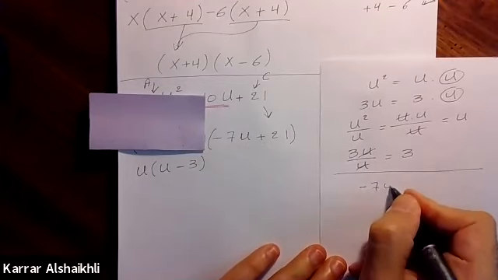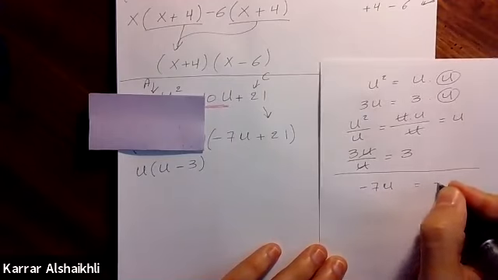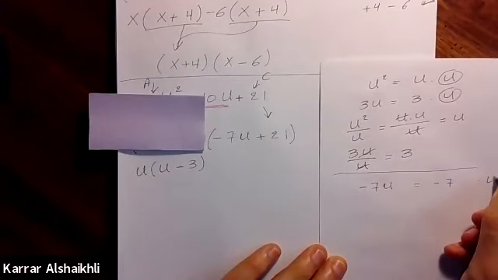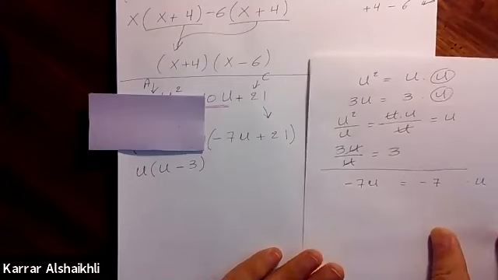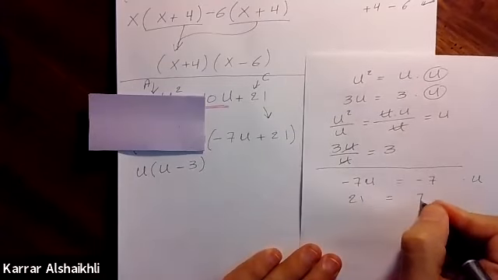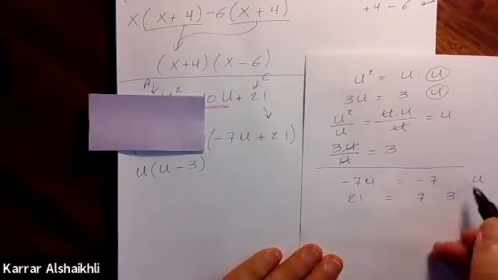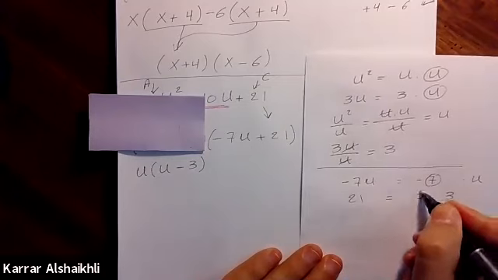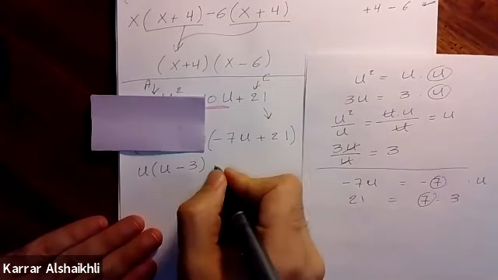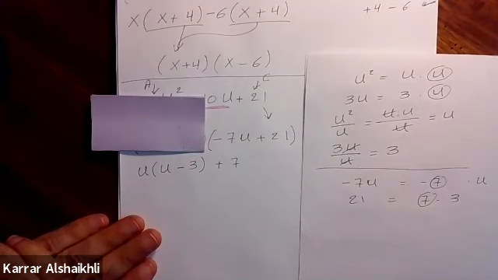Negative 7u is negative 7 times u. 21 is 7 times 3. So the common factor is just the 7. Check here, I'm going to write down 7, which means a positive 7.